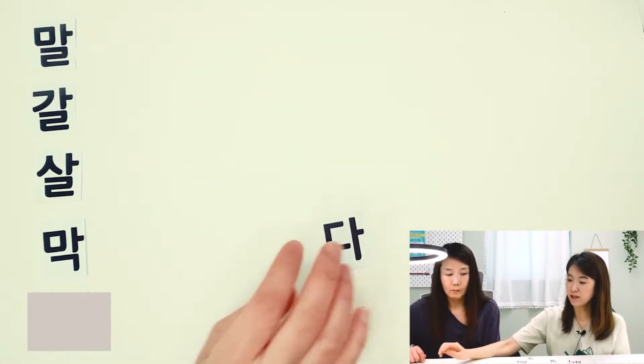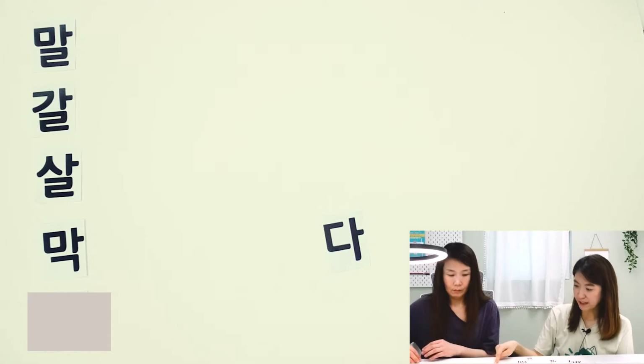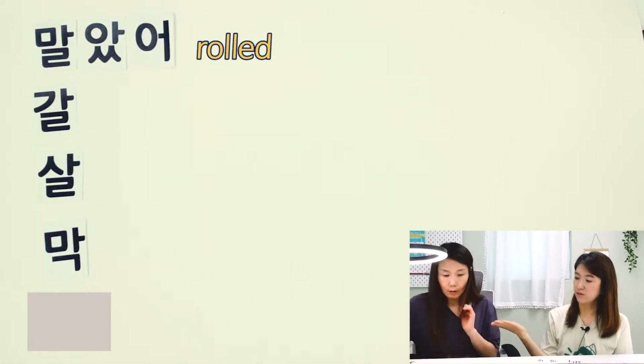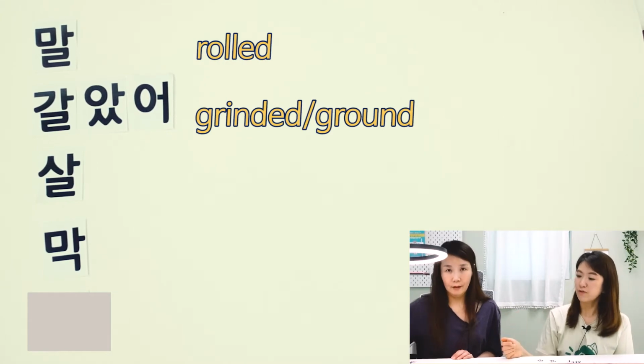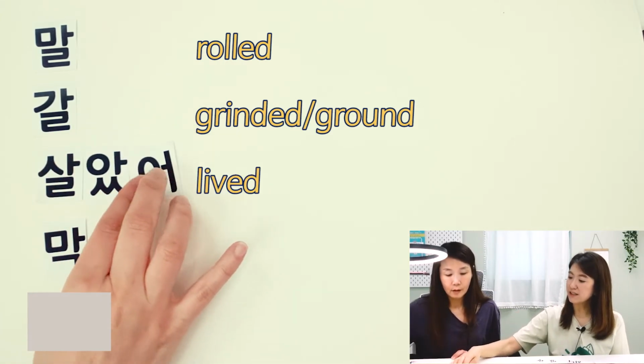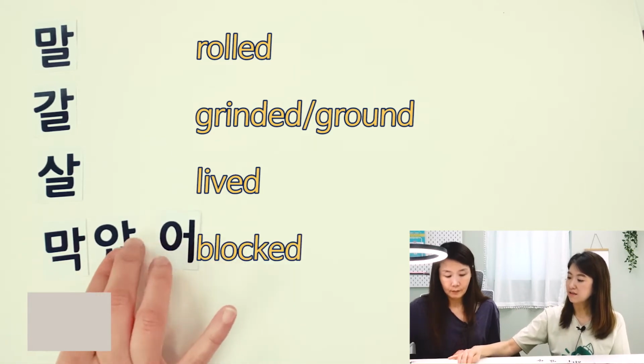We're going to put 았어 to these four verb stems. 말았어 is rolled. 갈았어 is ground. 살았어 is lived. 막았어 is blocked.